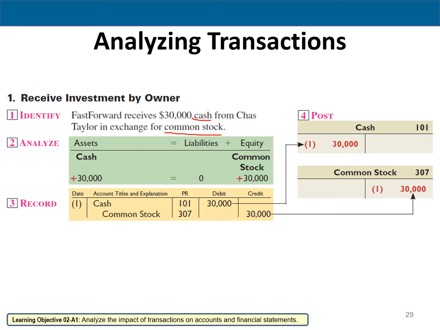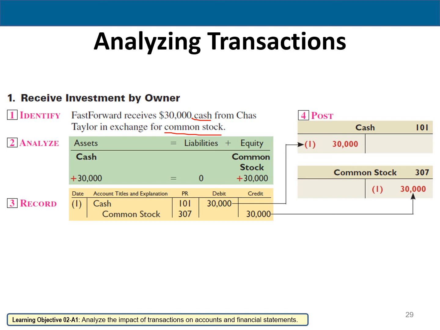And is it increasing or decreasing? It's increasing by $30,000, right? And then what about common stock? What type of account is that? Where does it fall in our accounting equation? Under equity. And is our common stock account increasing or decreasing? It's increasing by $30,000, right?